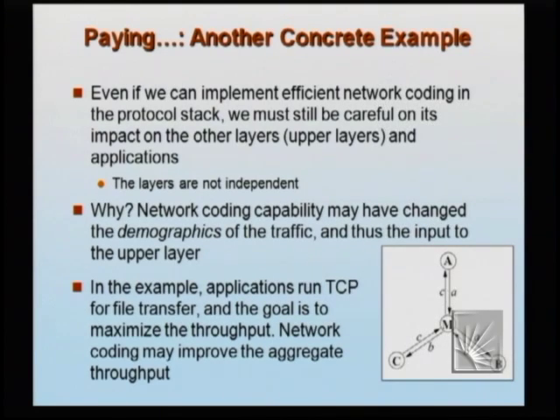Okay, so assume we can do that, but is that enough? We can improve the aggregate throughput, but that doesn't mean everyone will get it, right? Maybe some of them will actually lose.